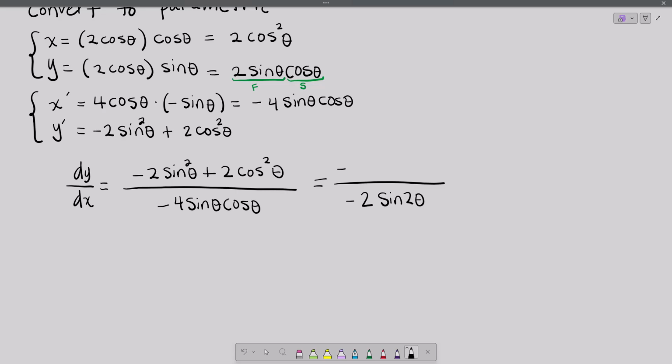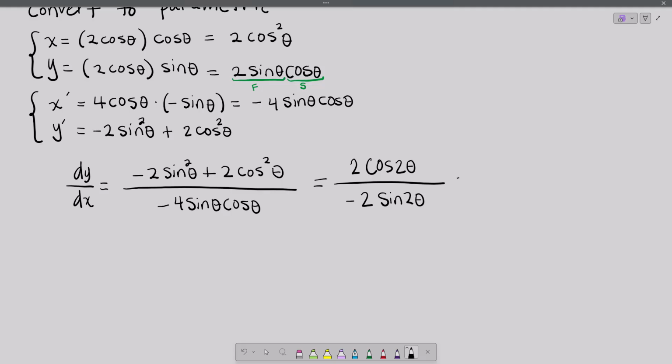So we would have negative 2 times, let's see, not negative 2, positive 2 times cosine of 2 theta. Because cosine of 2 theta is cosine squared minus sine squared, so the minus is where we need it to be. So if we just factor out the 2, we'd have 2 multiplied by cosine squared minus sine squared.